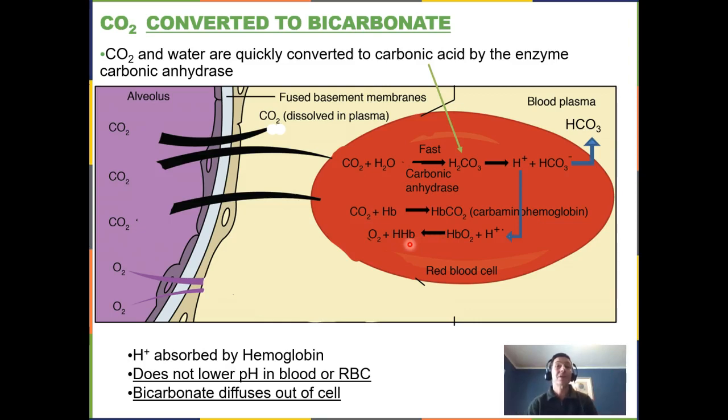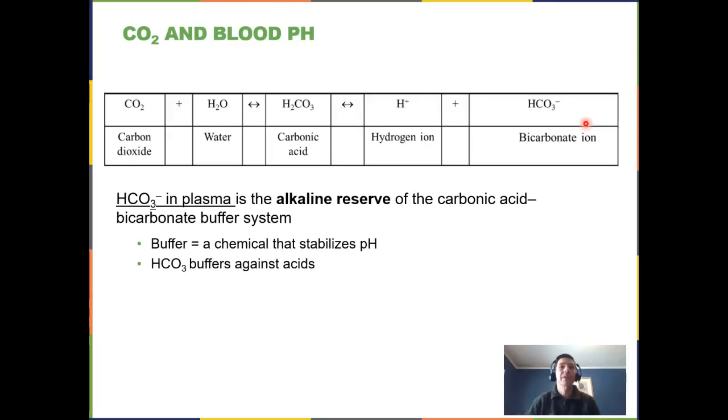So the CO2 that gets picked up by your red blood cells and converted to bicarbonate isn't lowering the pH in your red blood cells or the pH of your plasma. It is simply being converted into carbonic acid, and then this bicarbonate floats around in the plasma. That bicarbonate plays a very important role in maintaining the stable pH in your bloodstream.